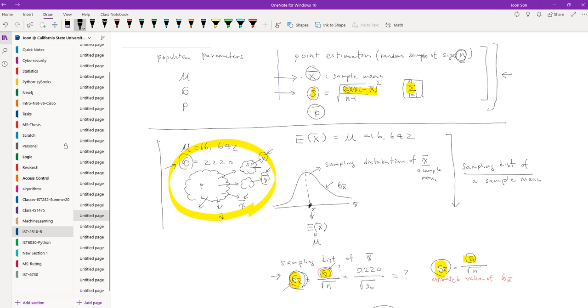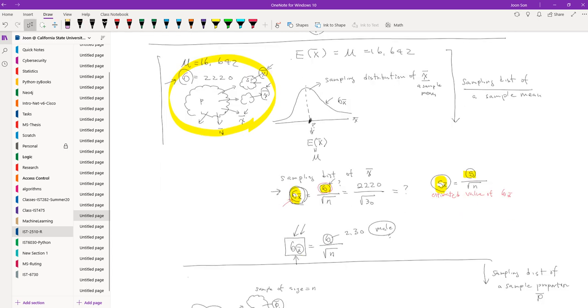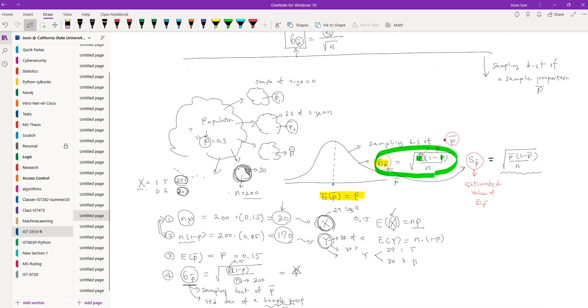Then the concept you have to know is the sampling distribution of the sample mean. And the third concept is the sampling distribution of the sample proportions. So there are 3 main concepts that you should know. Okay, thank you.